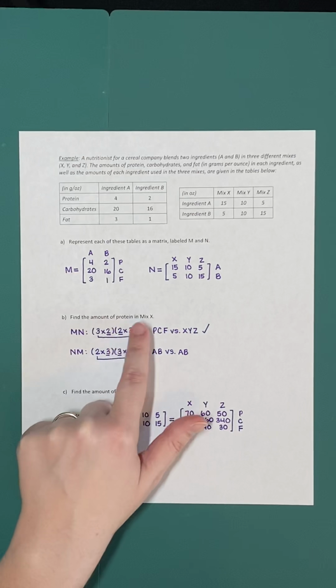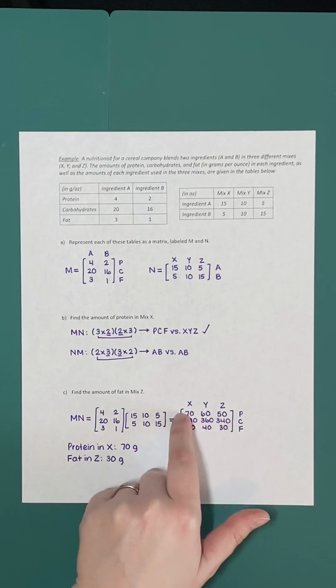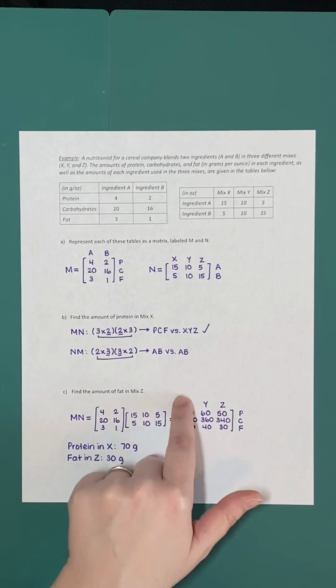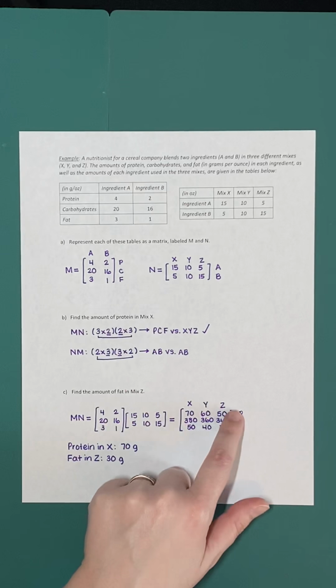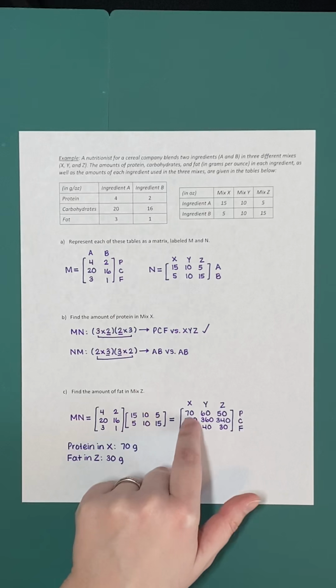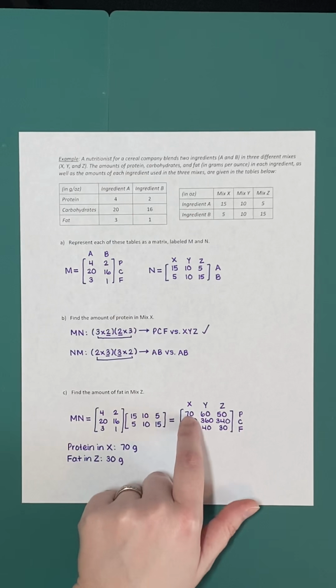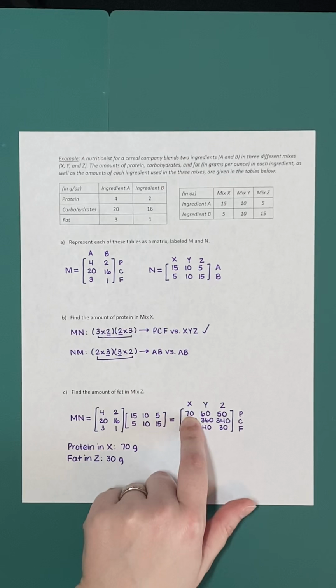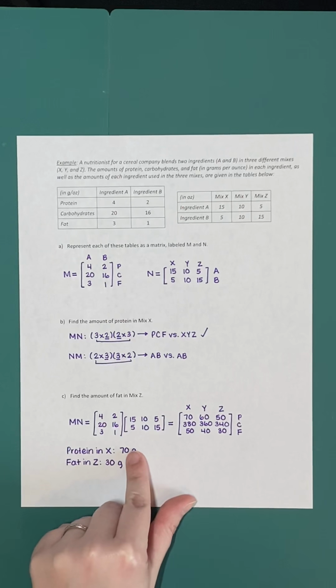So protein versus mix X. Well, protein represents our first row, and then mix X is the first column. So I'm looking for the intersection of that row and that column, which in this case is going to be the first element in my resulting matrix. So the answer is going to be 70, in this case 70 grams of protein in mix X.